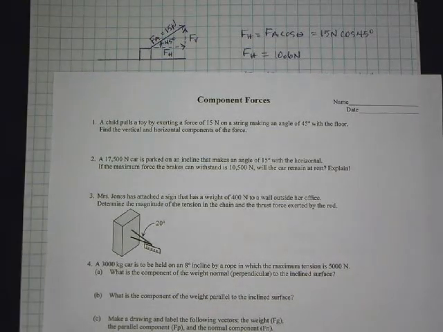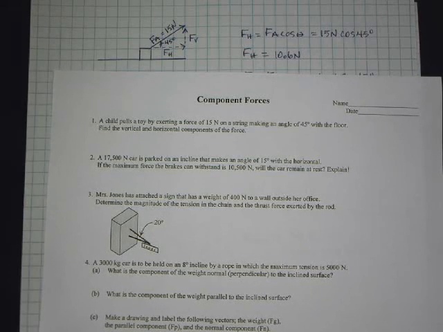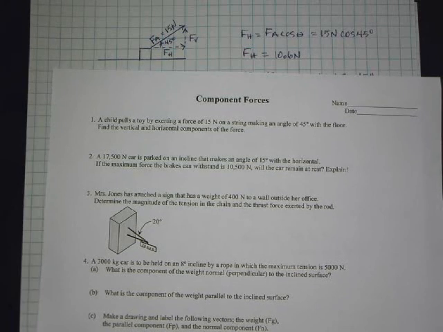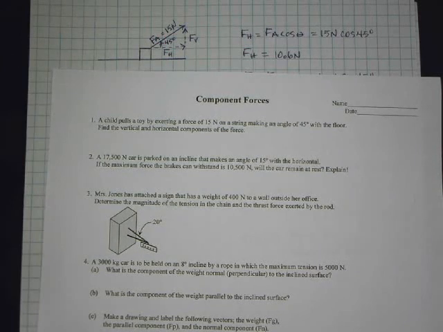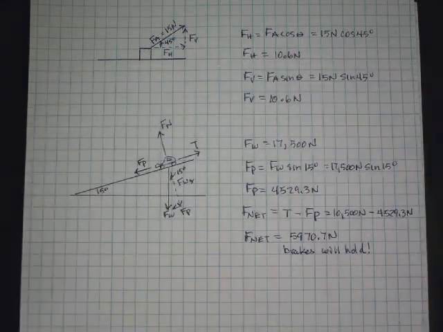In our third problem, we have a sign attached to a wall. The sign has a weight of 400 newtons. We want to know the magnitude of the tension in the chain and the thrust force exerted by the rod.